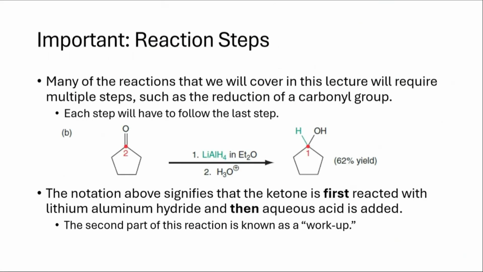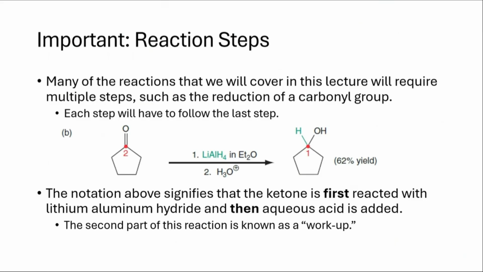So here's an important note for you: reaction steps. Many of the reactions that we will cover occur in multiple steps, like for example the reduction of a carbonyl group. Each step will have to follow the last step. So we simply cannot put lithium aluminium hydride in solution and then acidic conditions at the same time. That just wouldn't work.